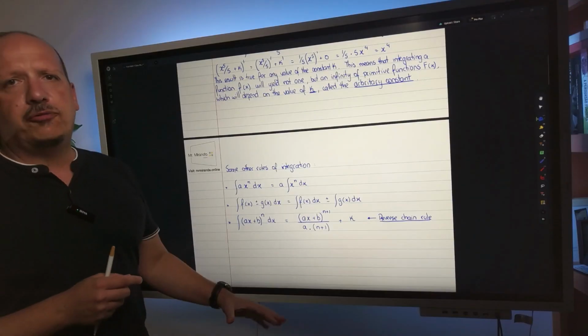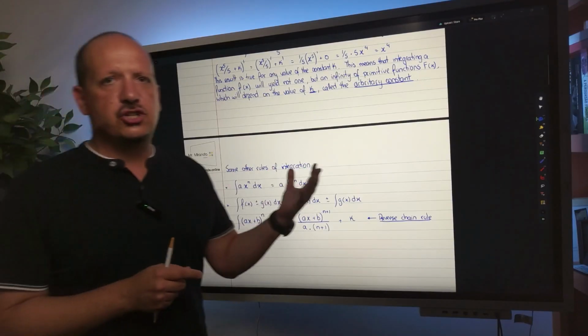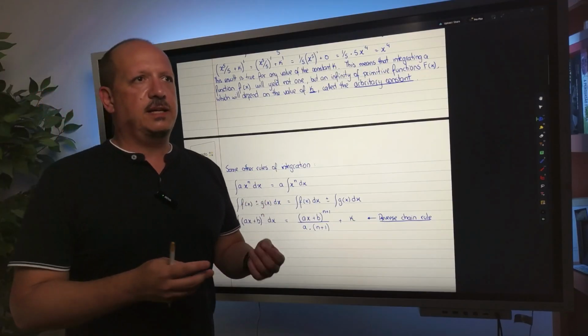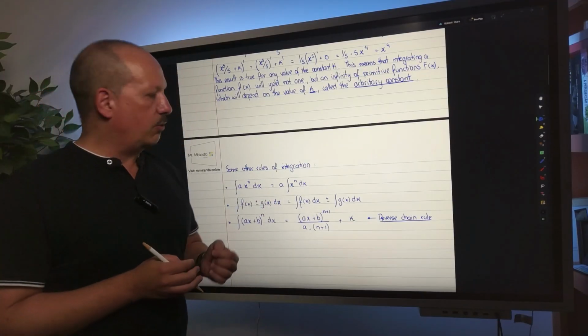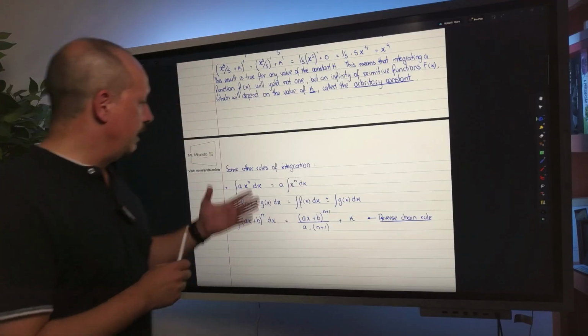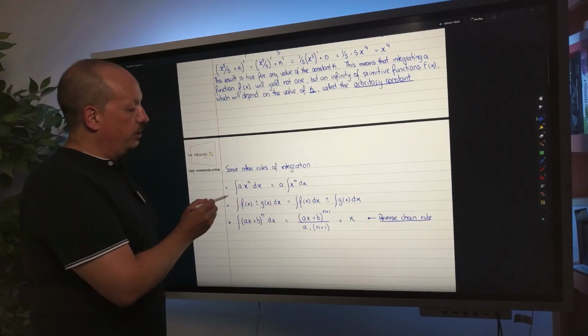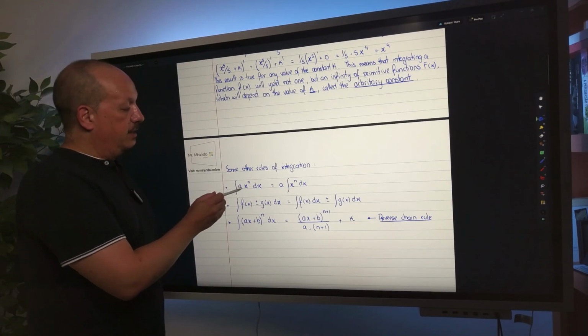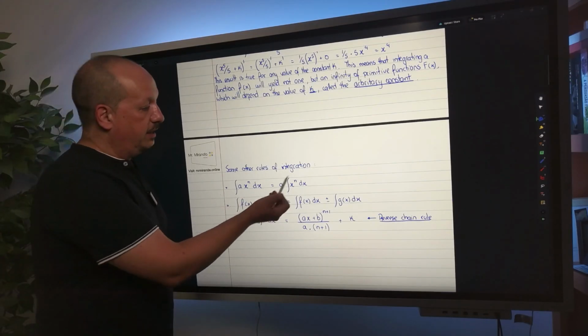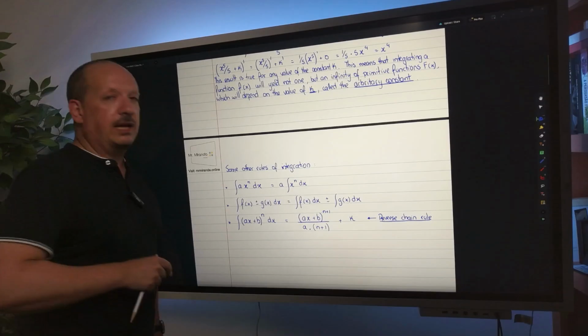Now that you know about differentiation, I'm not going to extend much explaining the reason why these rules are the way they are. They stem from whatever I already explained when I taught you differentiation. But if you are to integrate a constant a times x to the power of n, you can just literally take a out of the integral sign and integrate whatever you are left with.